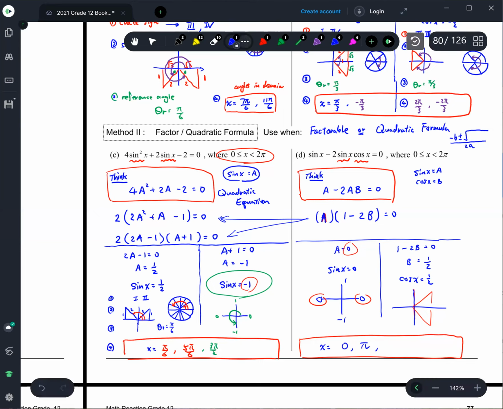Domain is 0 to 2 pi. Okay, it's a regular one.